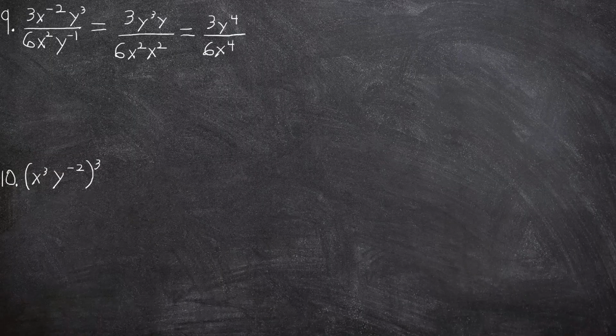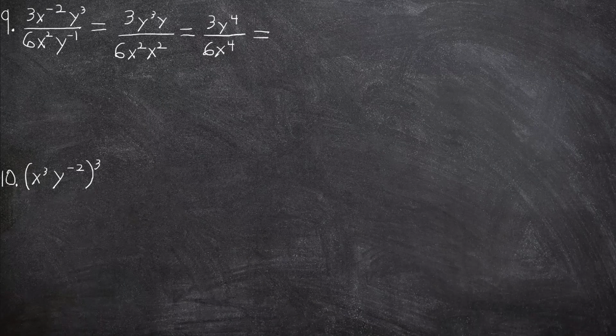Looking at our coefficients, we know we can simplify this down to 1/2, meaning we would write the final answer as y to the 4th over 2x to the 4th. And this will be the final answer for number 9.